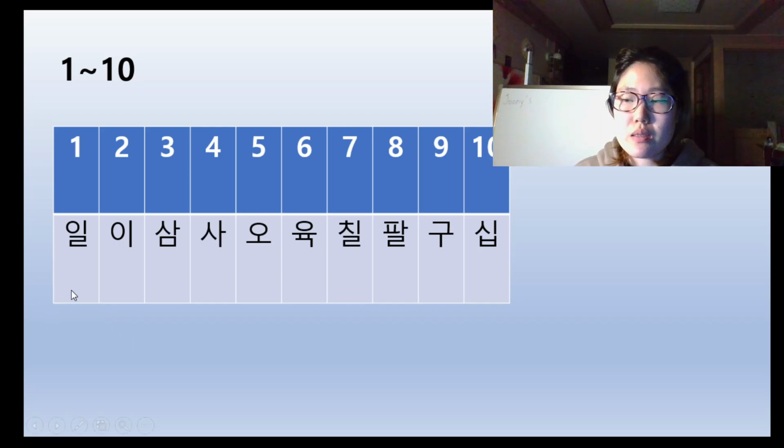And then we do it like this: 1, 2, 3, 4, 5, 6, 7, 8, 9, 10. If you would like to use this naturally, you should memorize everything. Can you memorize everything? Okay, let's see. 자, 봅시다.